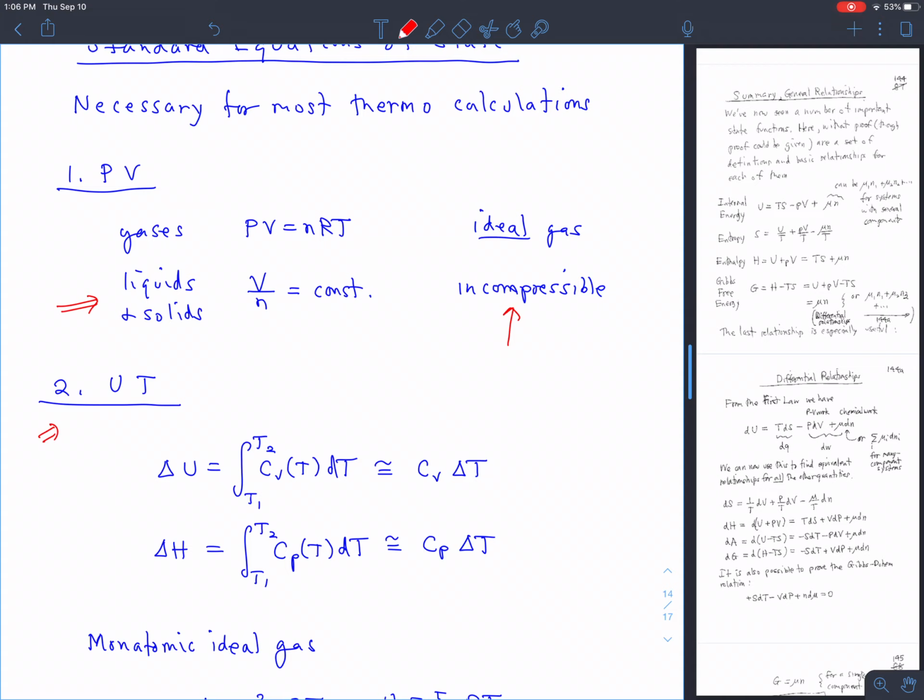You've got to really press hard. You've got to really raise the pressure before you start appreciably compressing either a liquid or any solid. And so the approximation we're going to make is that liquids and solids are incompressible. That is an approximation. They really are compressible a little bit. It's just that they're not very compressible.